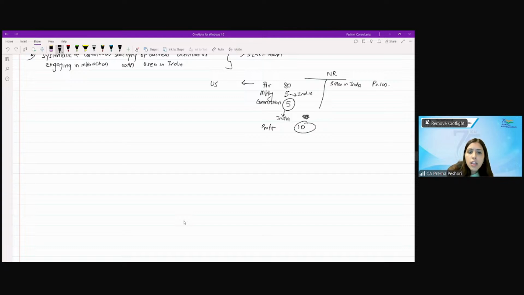So we will not tax the entire 10. Why will we not tax the entire 10? Because, see, the profit that you earn, basic economics, is the result of demand and supply, right? Now, there is the demand in India, but whether the supply is also taking place in India, the answer is no.